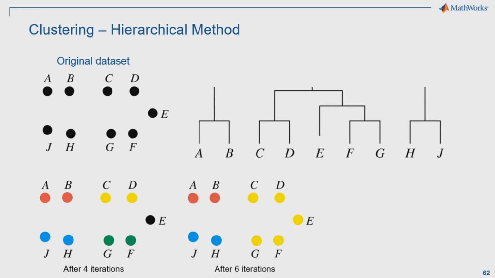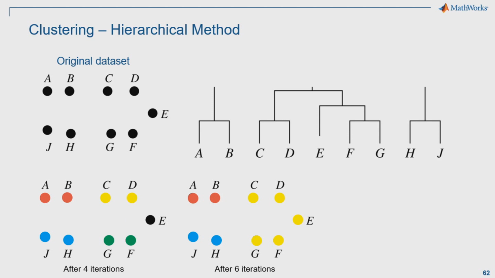So after 6 iterations, since E is closer to C and D, or maybe G and F, but here it is not a problem since we speed up to 2 iterations.